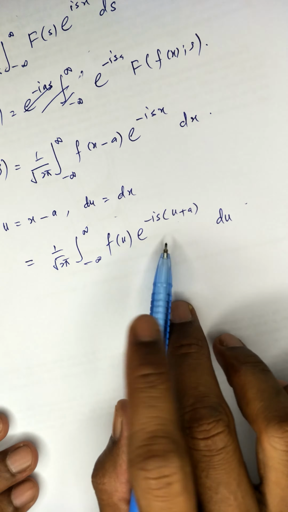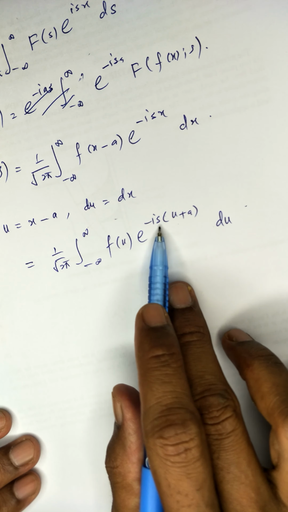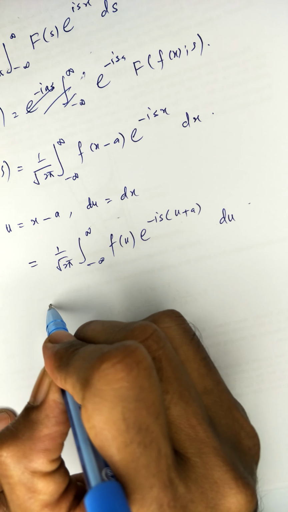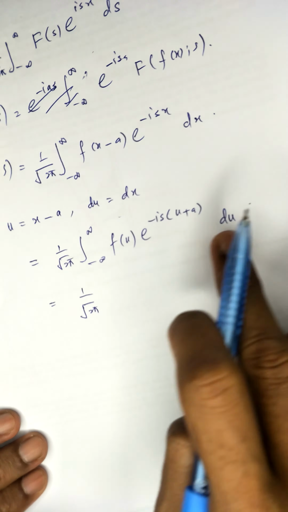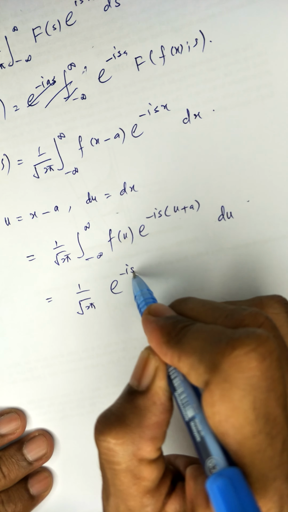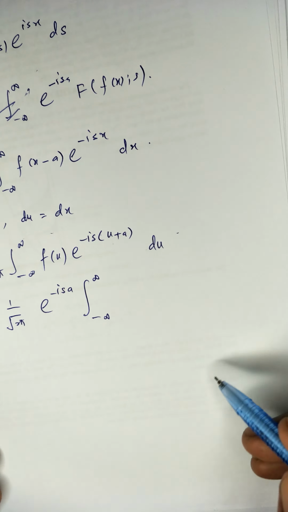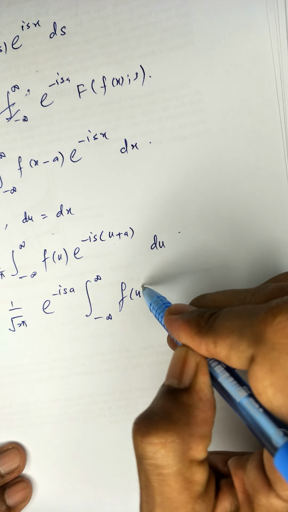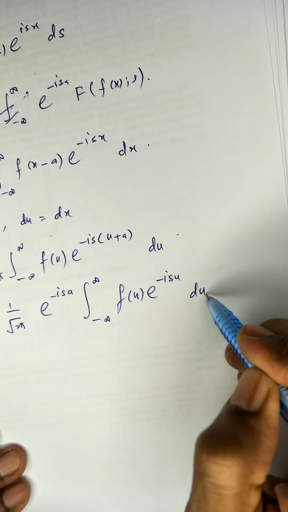Okay, so I can factor out e to the minus isa, because it is free of u, so that gives you e to the minus isa times 1 over square root of 2 pi, integral from minus infinity to infinity of f(u) e to the minus isu du.